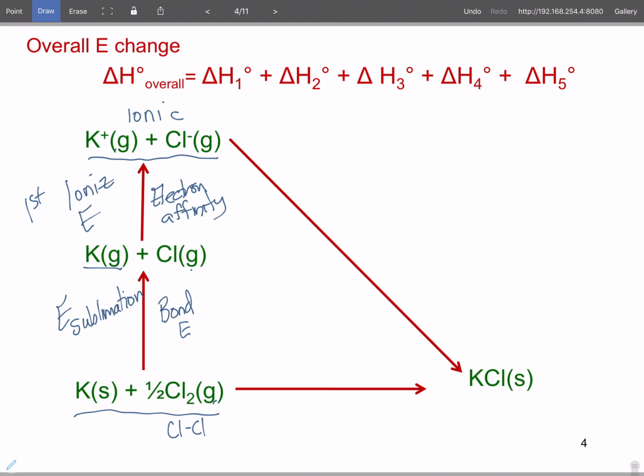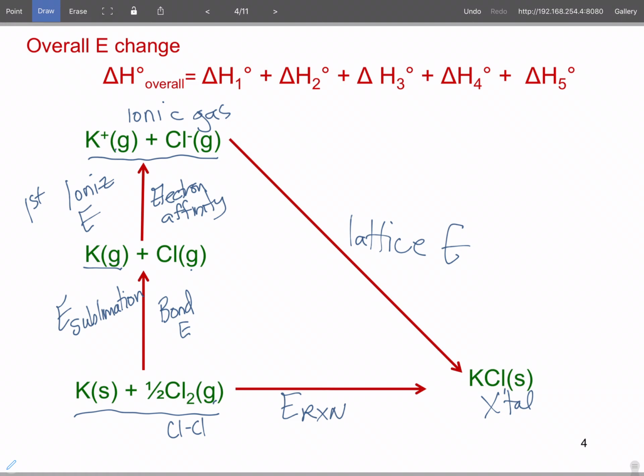And then if we start with the ions in gaseous form, and then we go to the crystal, which is solid, then this is lattice energy. So to complete the cycle, this would have been the energy of the reaction overall to get from the elemental states to the final state.